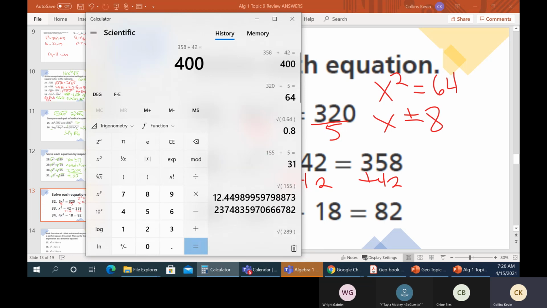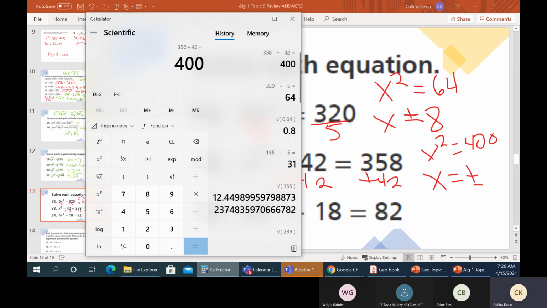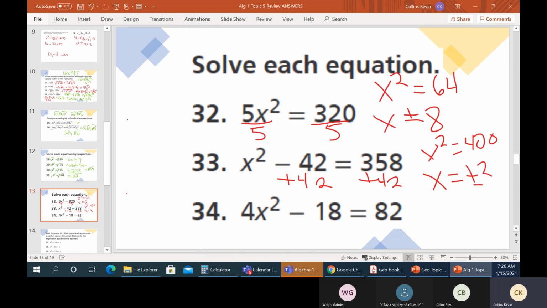And that's 400, and then that's going to be x squared equals 400, right? So then x is going to be the square root of 400. So it's plus or minus. Let's go take the square root of 400. And it's 20. Fabulous.